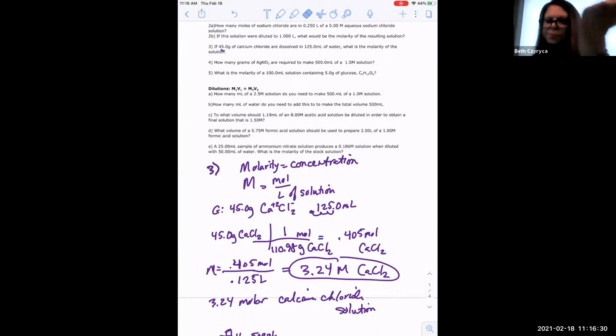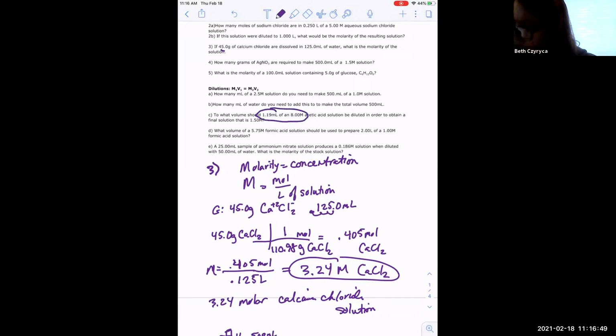All right, number 2, time to check, 9 minutes. How many milliliters of water do you need to add? Oh, we already answered that. About 300 was the answer. C: to what volume should 1.19 milliliters of an 0.800 molar acetic acid solution be diluted in order to obtain a final solution of 1.50?